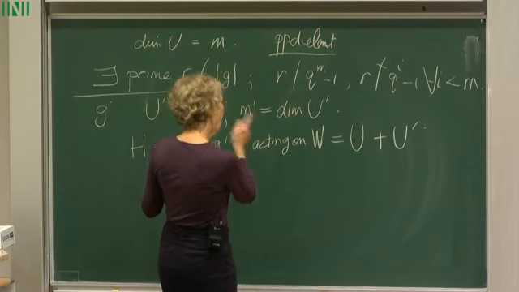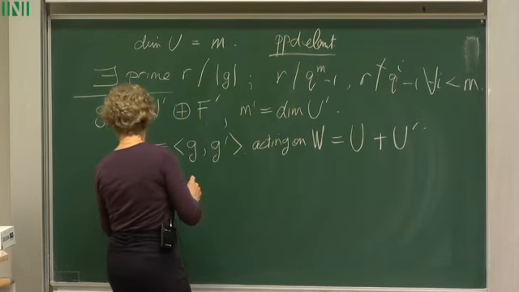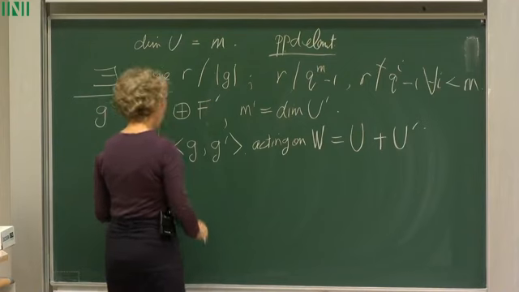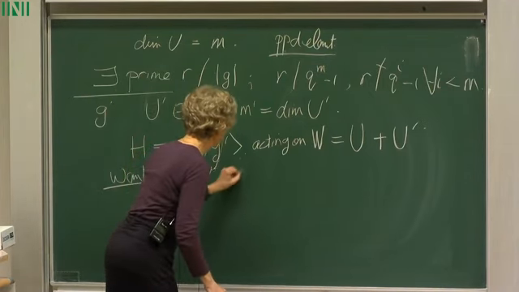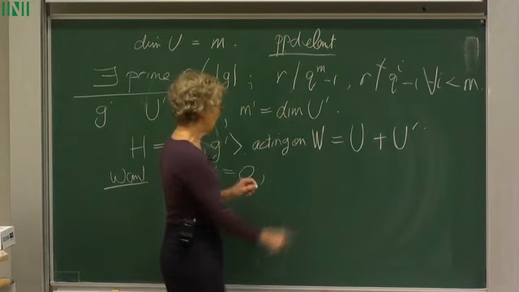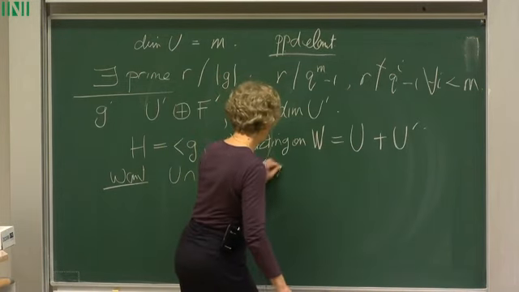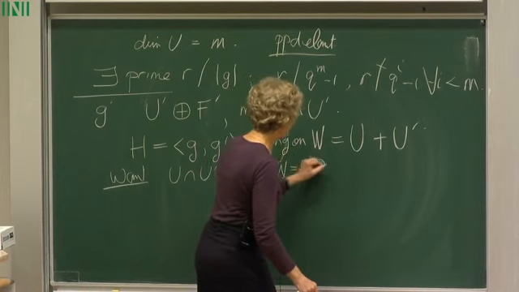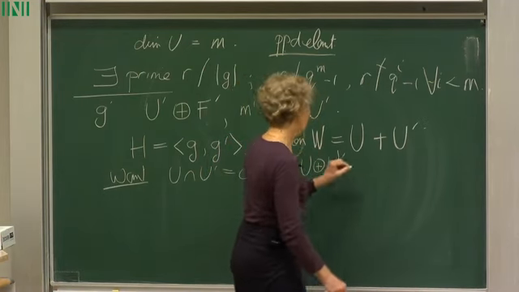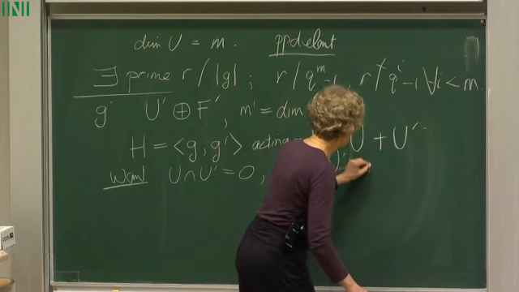And what we're going to want is that U intersect U prime is going to be 0. So W is going to be the direct sum. We're going to want this to be non-degenerate.